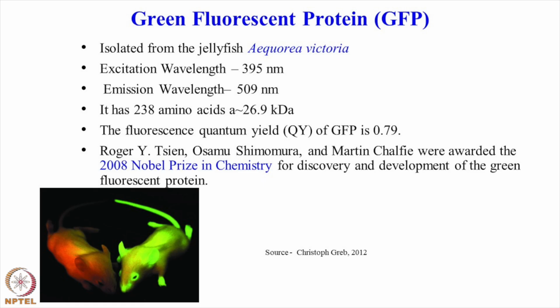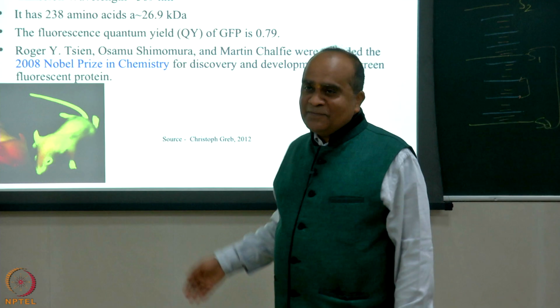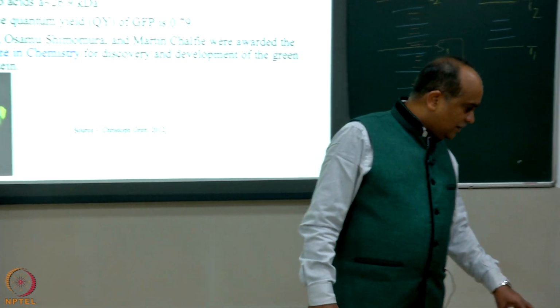And only for discovering this protein the scientists got the Nobel Prize in chemistry in 2008, right. The development of green fluorescent protein is important because you can show a whole mouse green just because of one protein. So that is an important experiment that was done.